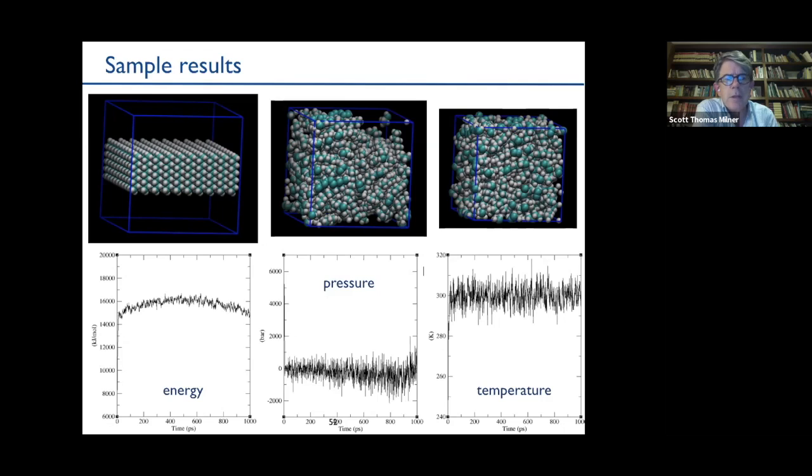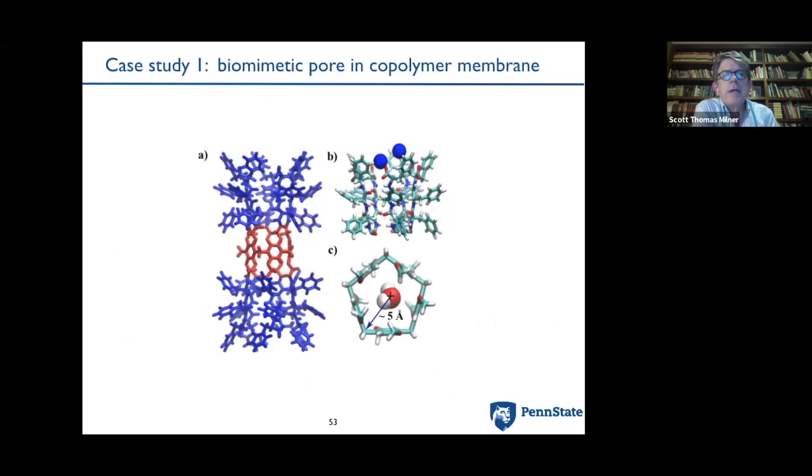Here is a molecule that's synthetic, but is meant to mimic a biological pore molecule in a lipid membrane, and it's under development as a water purification membrane, but more robust than its biological equivalent, because this thing is not a folded protein.